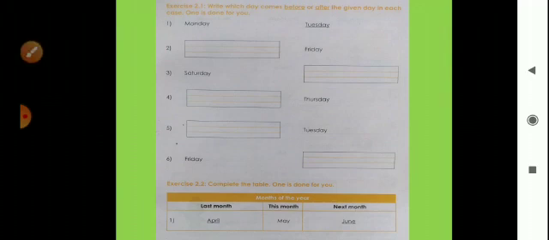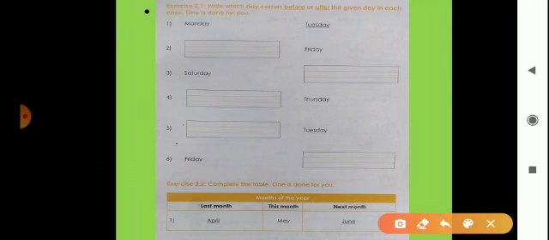Here is exercise number 2.1. Write which day comes before or after the given day in each. Now here is number 1. Here is Monday and then Tuesday. Now from the second we will solve the exercise. Here is Friday. So which day before Friday?